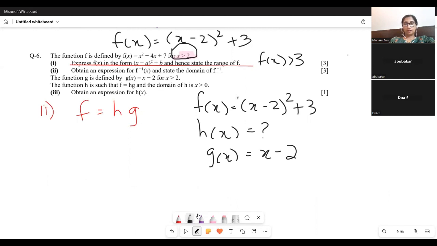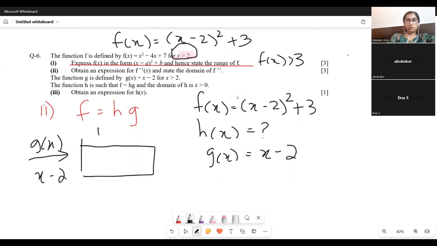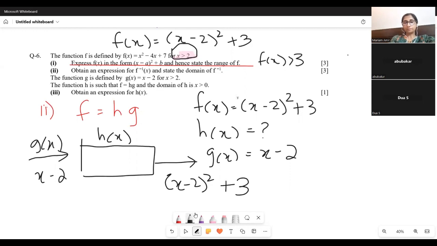So what's going to be h? देखो, the input is gx and gx is x minus 2. अब यहाँ पे कोई फंक्शन है hx जिसको g फीड हो रहा है. अब वो क्या है जिसकी वजह से आउटपुट जो है दैट इज x minus 2 whole square plus 3. x square plus 3.